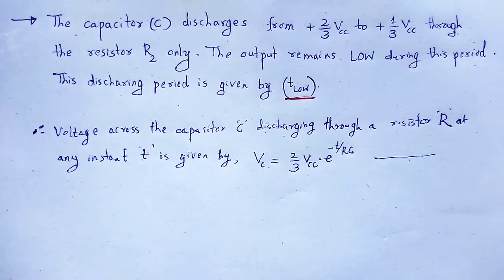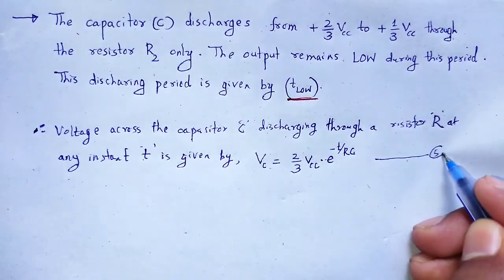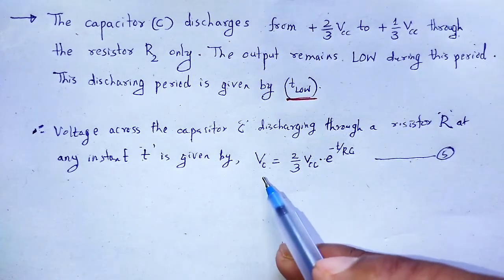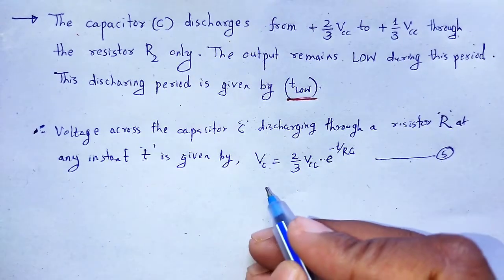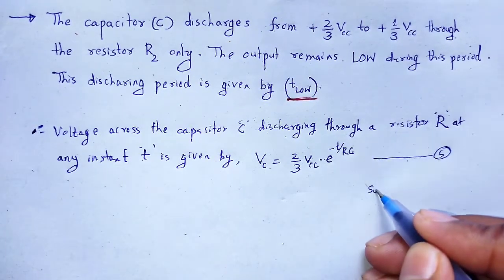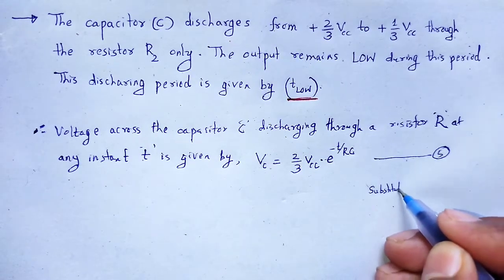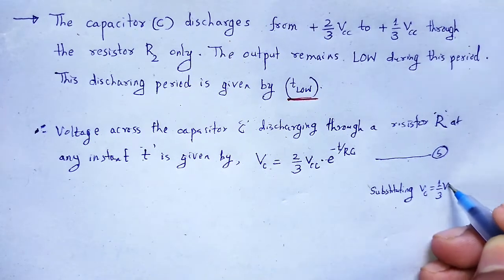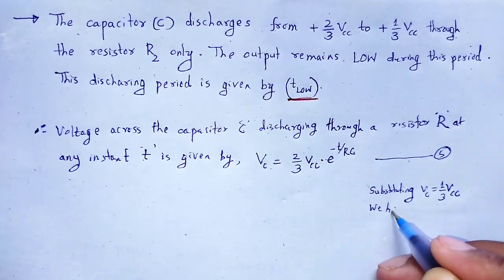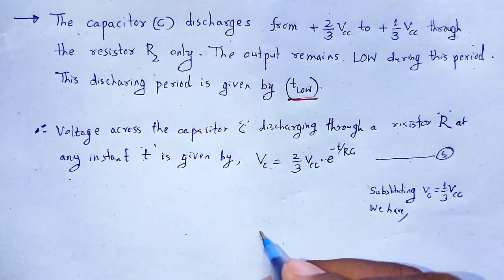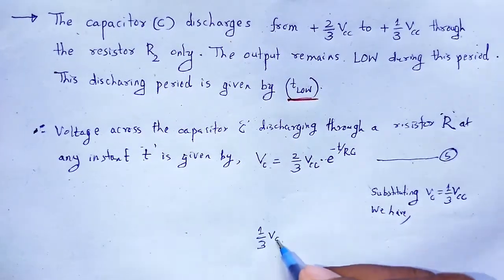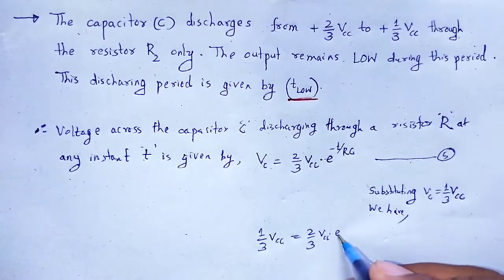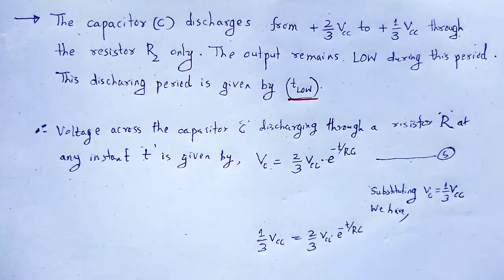Equation number 5. Let us substitute Vc as 1 by 3 Vcc. Substituting Vc is equal to 1 by 3 Vcc, we have 1 by 3 Vcc is equal to 2 by 3 Vcc e to the power minus t by RC.